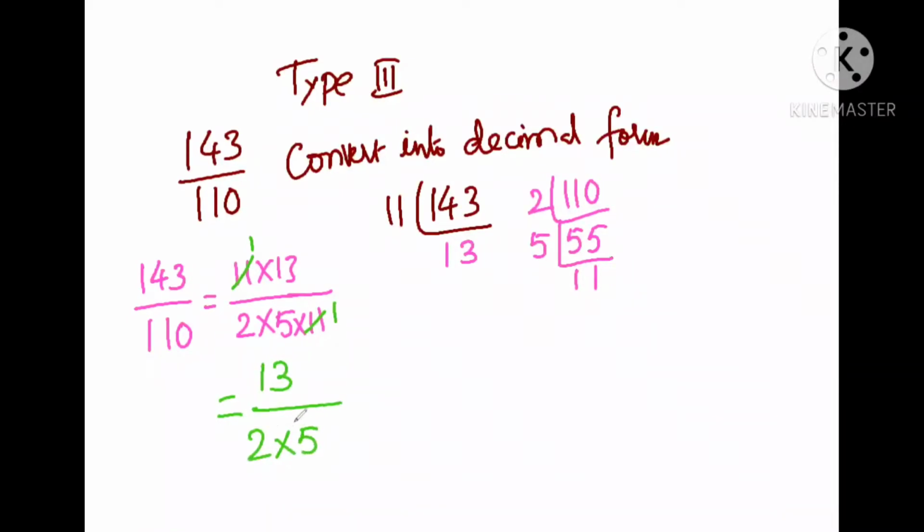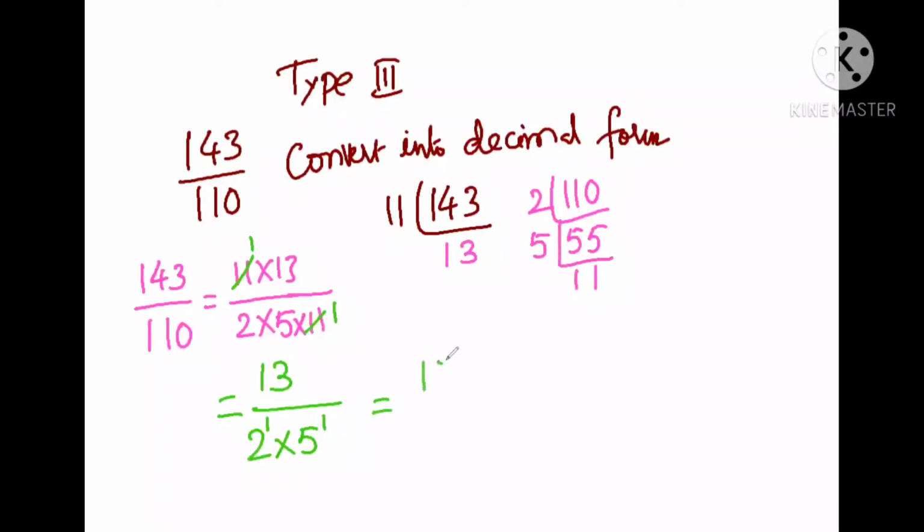Now look at the denominator. The exponent of 2 is 1, and the exponent of 5 is also 1, so the exponents are the same. When the exponents are the same, you need not multiply with any number. If it's 2 power 2 and 5 power 2, no need to multiply. If 2 power 3 and 5 power 3, no need to multiply.